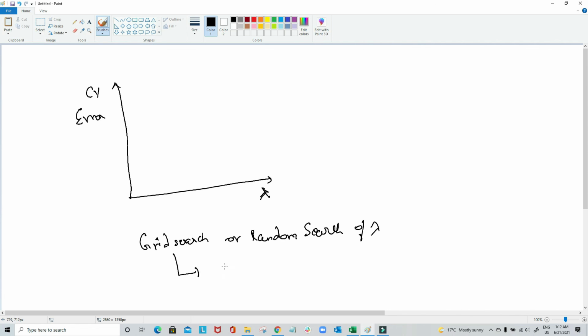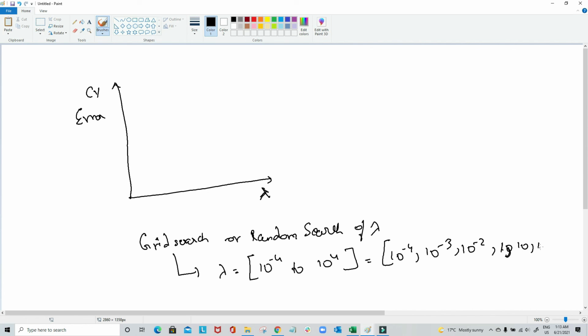While doing grid search, for different values of lambda, the cross validation error is found, and those values would be between 10 power minus 4 to 10 power 4. It's not that for each and every value; a range is defined as 10 power minus 4, 10 power minus 3, 10 power minus 2, 1, 10, 10 square, 10 cube, and 10 power 4.